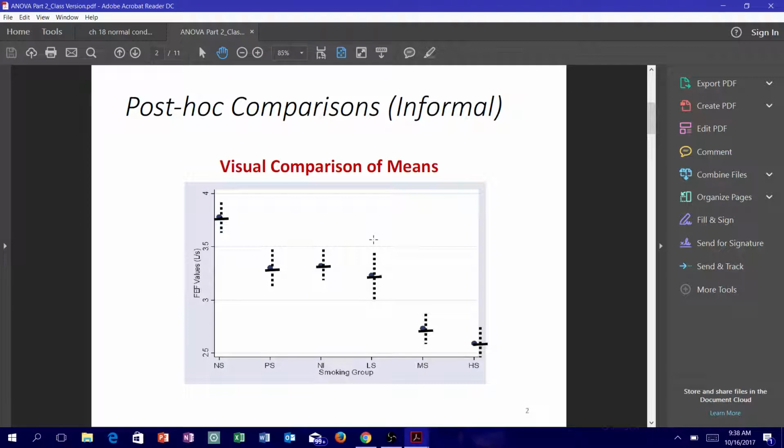There's no clear white space between them, right? Same here, there's overlap as well, so they are not different. If this one was really up high from them, like the first quartile would be above the third quartile here, this would mean that they are different.